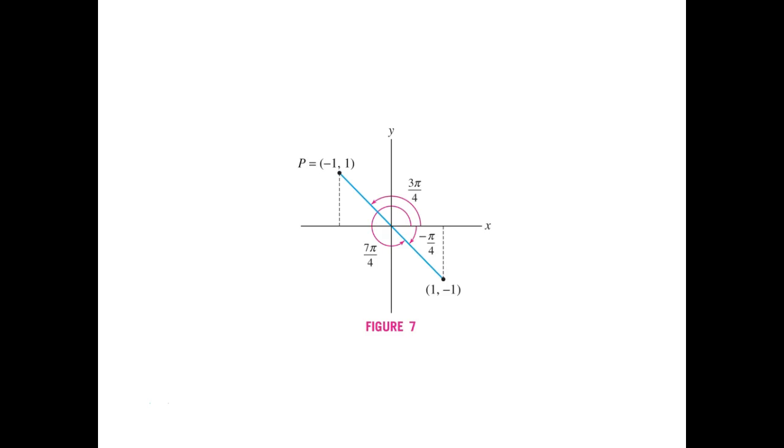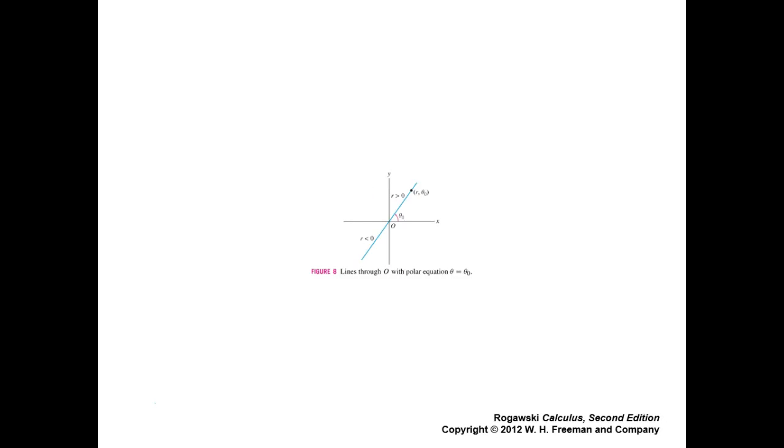And you could go around this way and make it whatever that turns out to be, negative 5/4 pi. So that's sort of a little problem with polar coordinates. They don't have unique values. X, Y, they're unique. Any point has only one set.